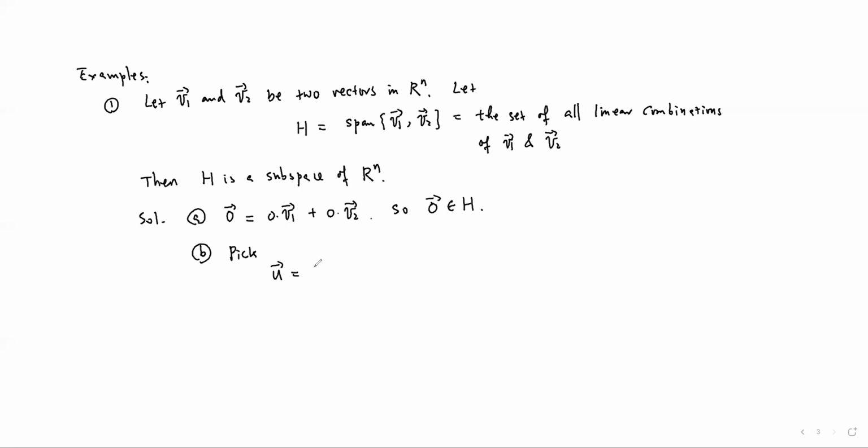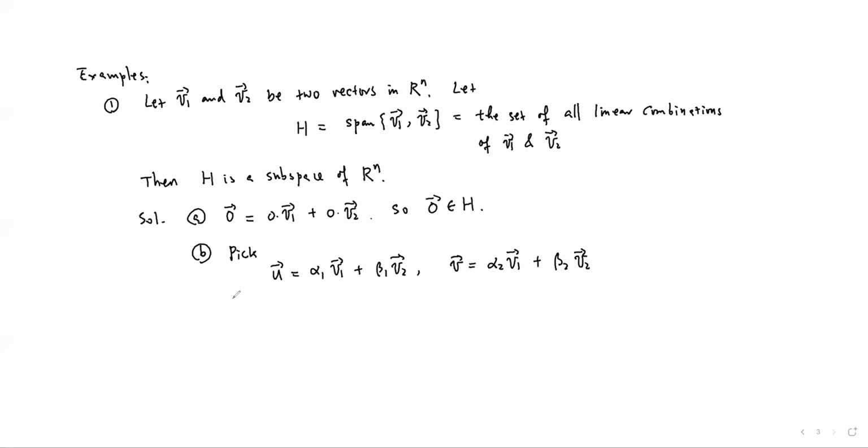So U is alpha 1 V1 plus beta 1 V2, where alpha 1 and beta 1 are numbers. Pick a second vector, alpha 2 times V1 plus beta 2 times V2. These two vectors are from H.